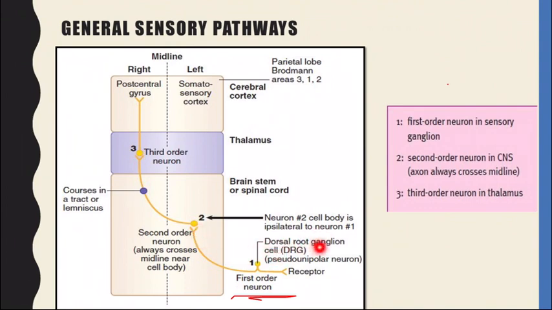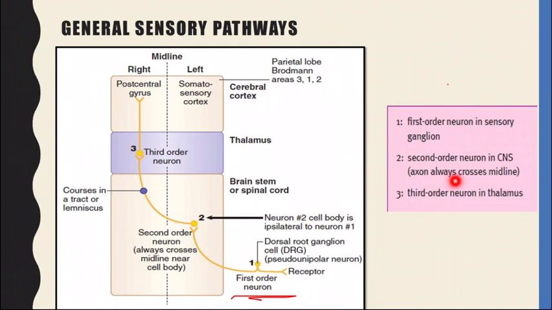Say if we are talking about sensation on the left side, any type of sensation, the second order neuron in the tract will always be from the left side, and if we are talking about sensation on the right side, then the second order neuron will always be on the right side. Origination will be on the same side, ipsilateral, then it will cross over.